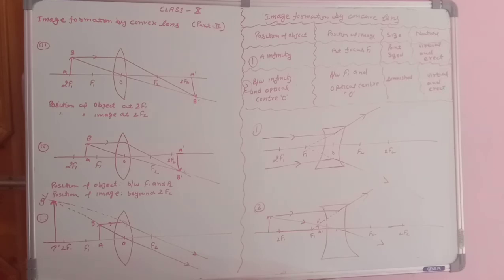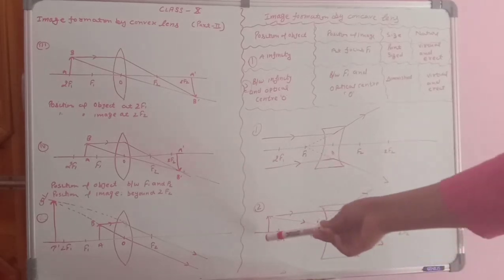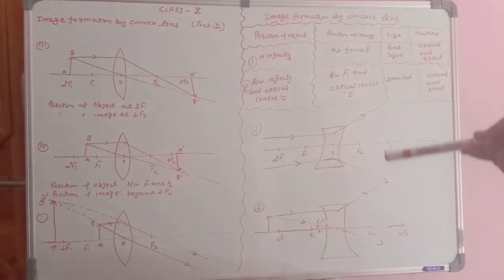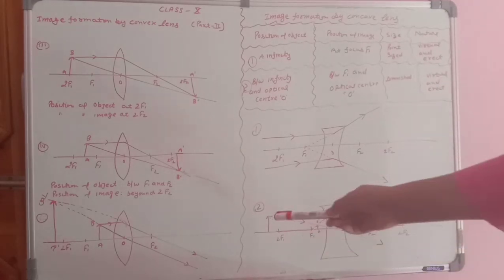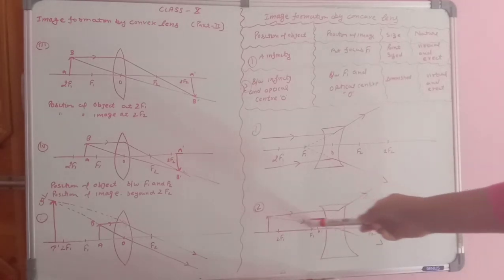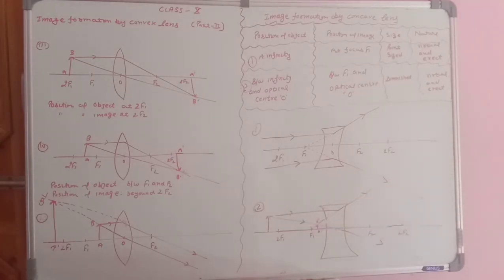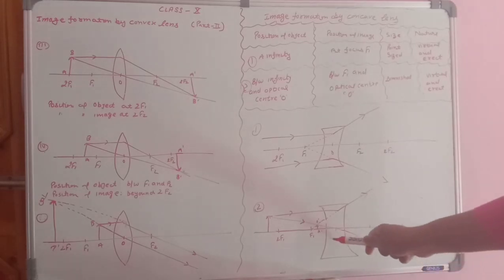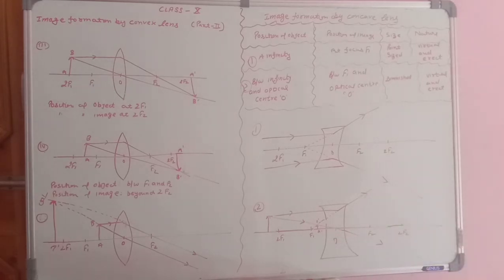Now let us proceed towards our second ray diagram, the last ray diagram. Here you have drawn that concave lens already, and the object you can keep anywhere. Students, I told you, you can keep it here also, here also, here also. It depends upon you. Whenever the first ray goes, it will diverge upwards. The second ray will pass straight through the center, we call it optical center. Now where are both cutting?